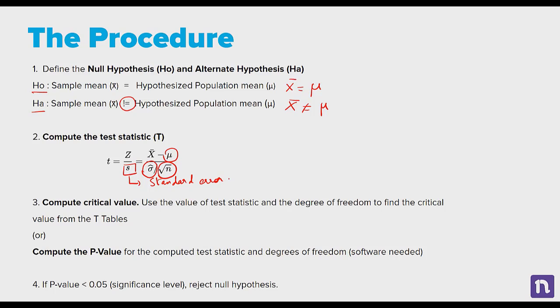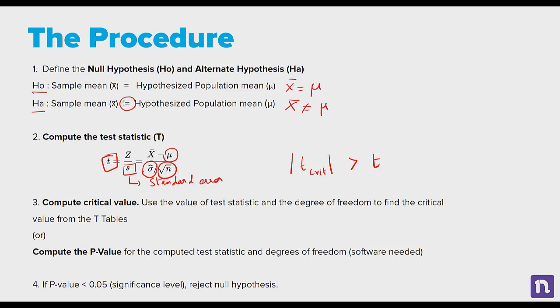Alternately, if you have the critical value, if the absolute value of the computed test statistic is greater than the critical value, that is, if the computed t that you have from this formula is greater than t critical, then also you reject the null hypothesis.